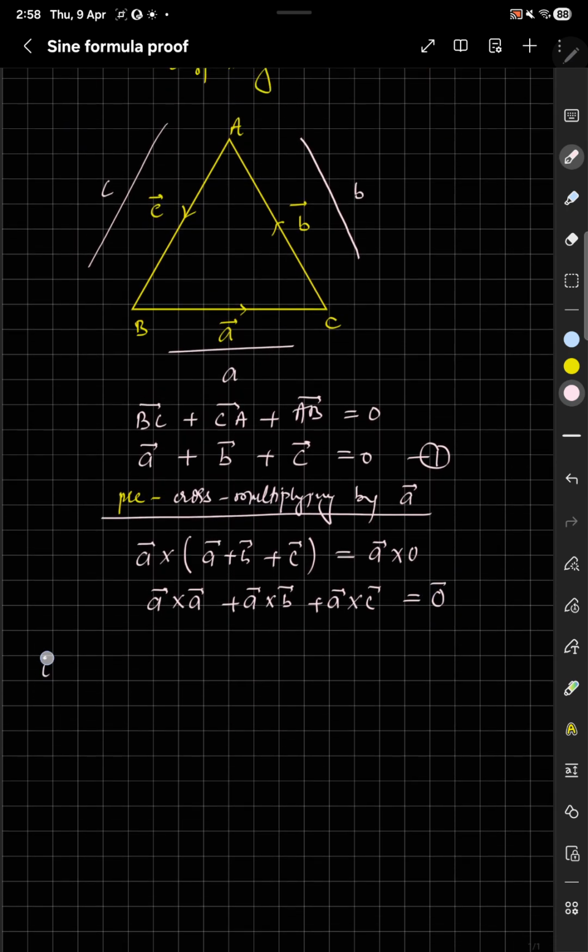We know that i cross i is equal to 0. In the same manner, a cross a is equal to 0. Why? Because a cross a is equal to magnitude of a, magnitude of a again, and sine theta, and the angle between them is 0 degrees, so this will be completely 0.